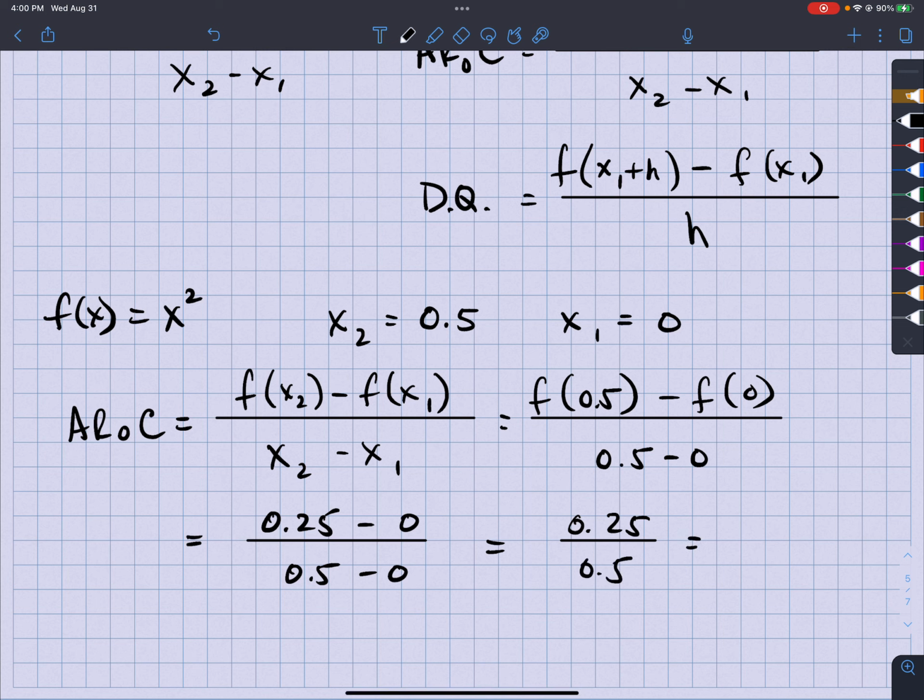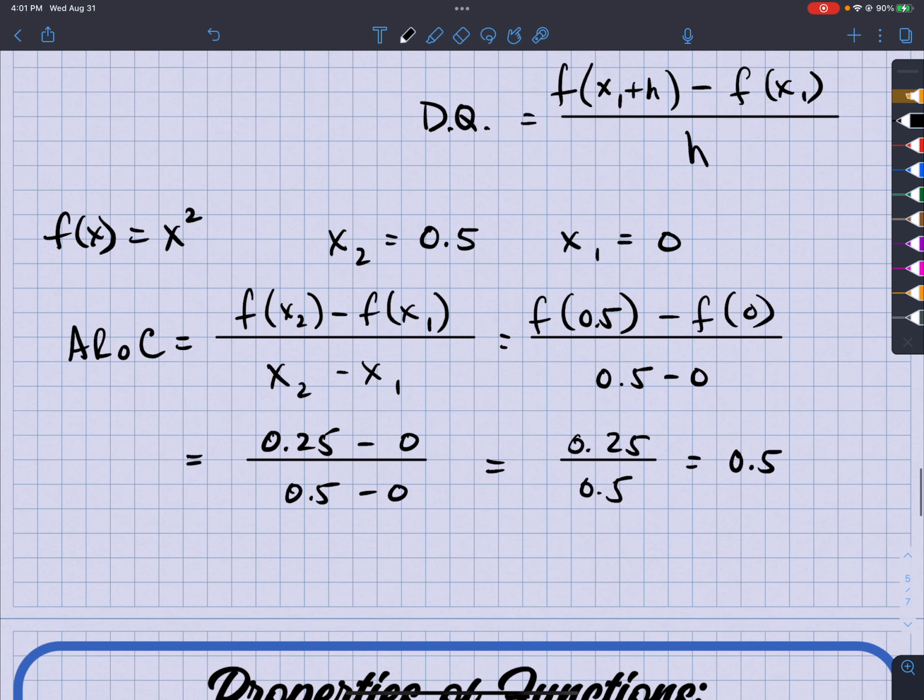What is that going to equal? That's going to actually equal 0.5. Let me double check. Because that would be 1/4 divided by 1/2, and then it will be copy, change, flip. So it's 1/4 multiplied by 2, so it'll be 2/4, so it'll be 1/2, okay?